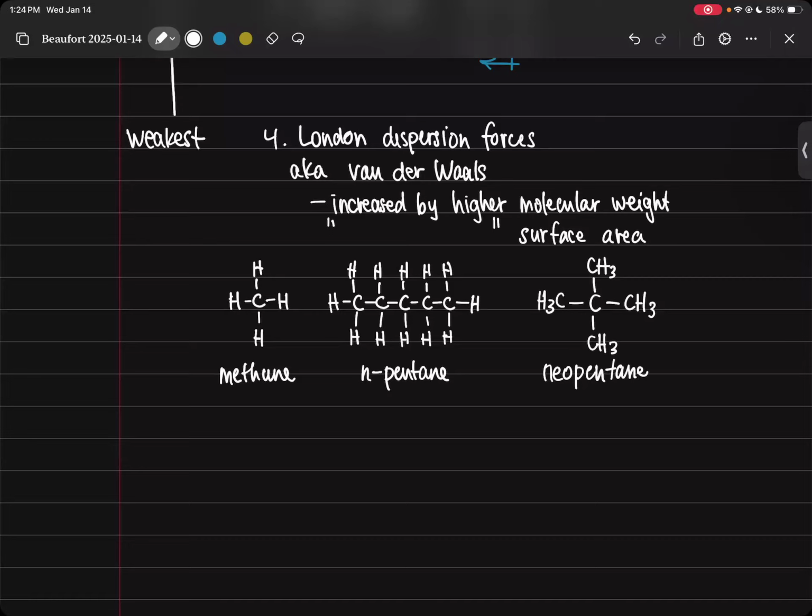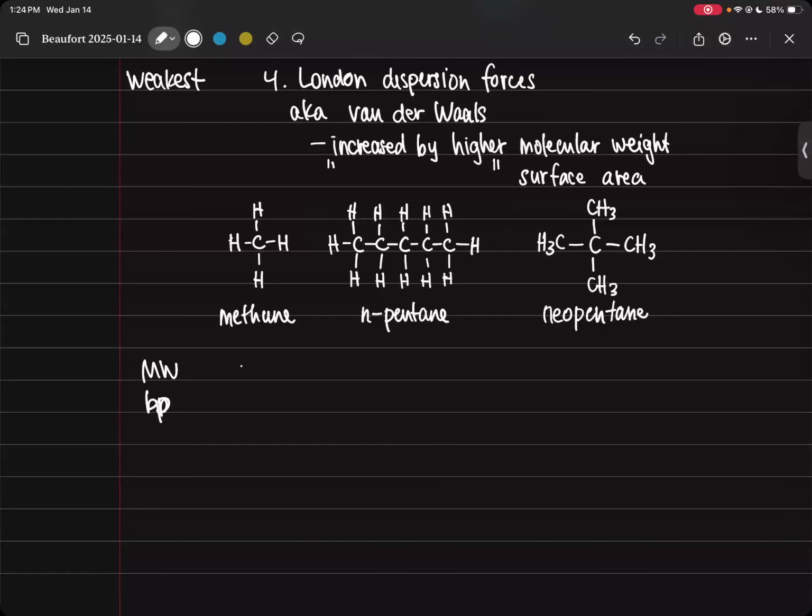Okay. So we'll compare molecular weights and boiling points for these. Methane has a molecular weight of 16, and these two pentane isomers are both 72. They're the same chemical formula.